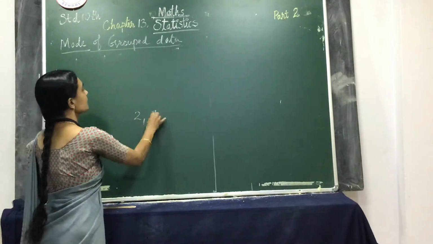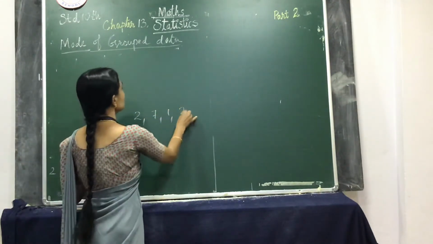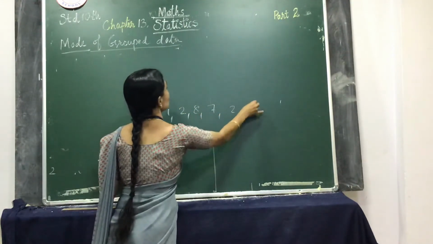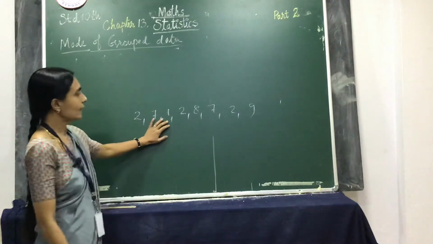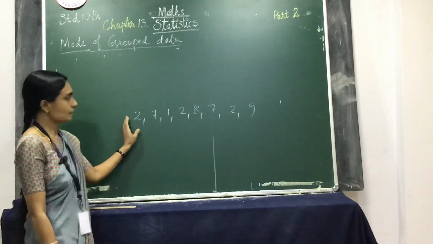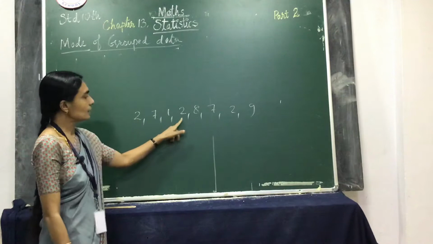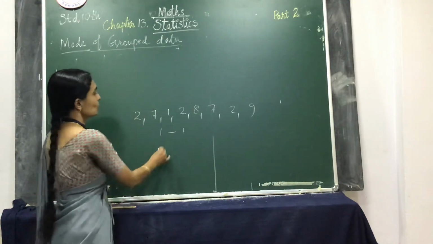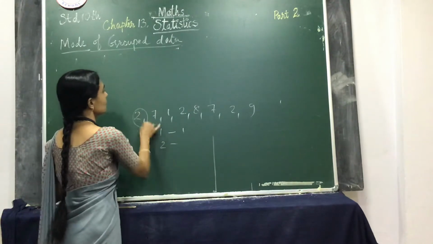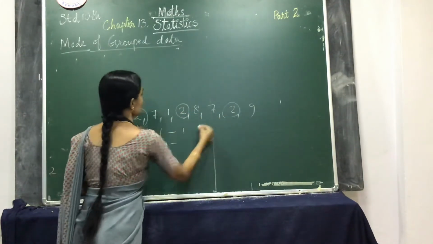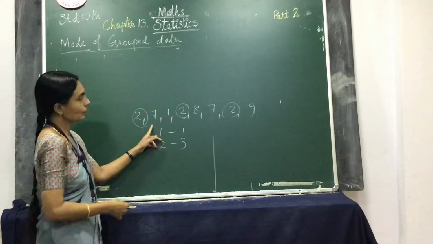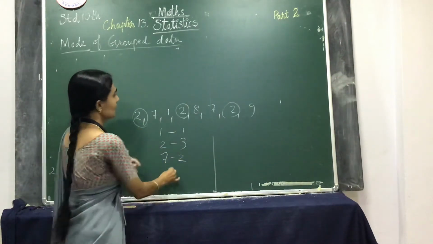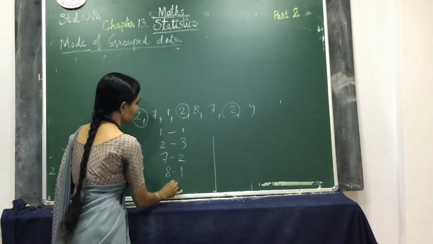2, 7, 1, 2, 8, 7, 2, 9. See here we have 8 observations, and in this, 1 occurs only one time, 2 occurs 3 times, the frequency is 3, and 7 occurs 2 times, 8 and 9 only one time.